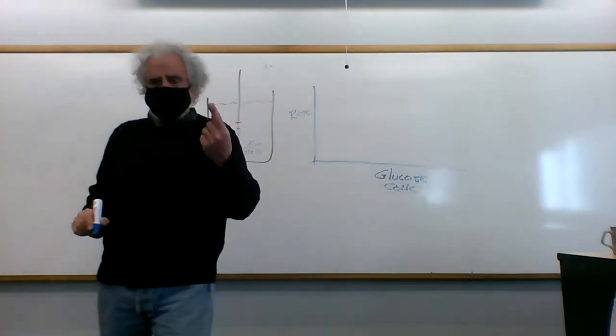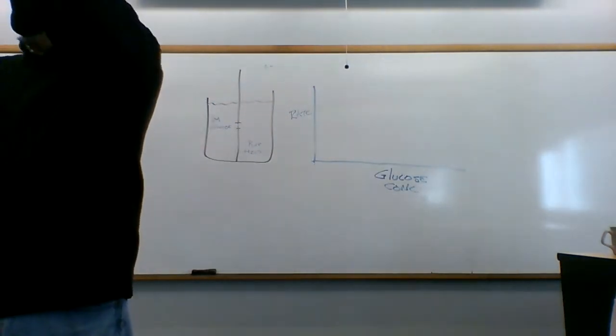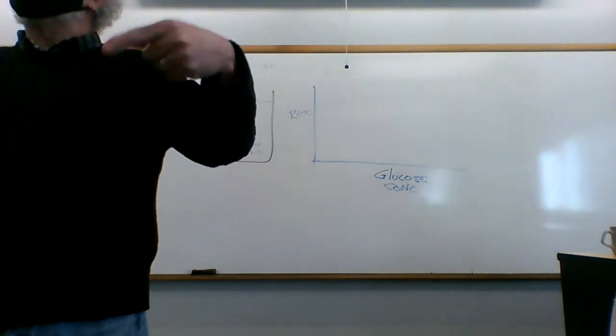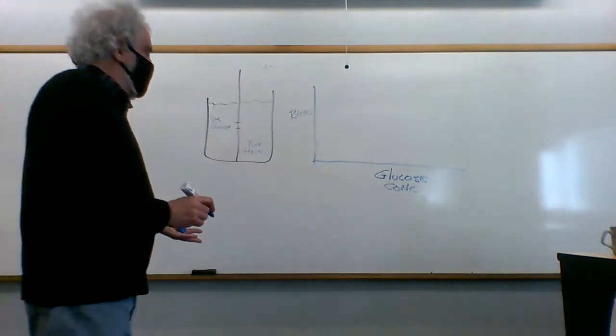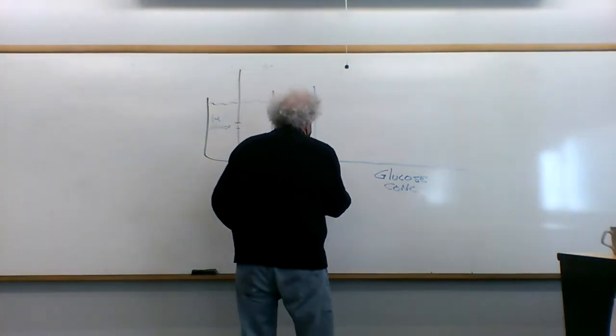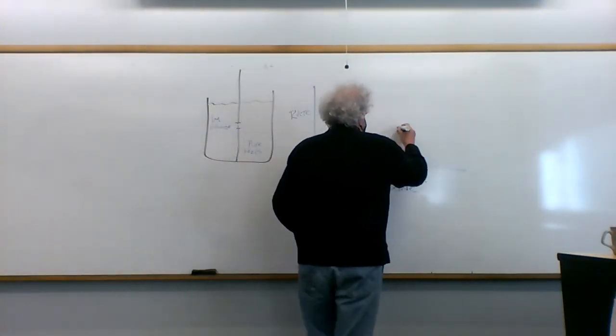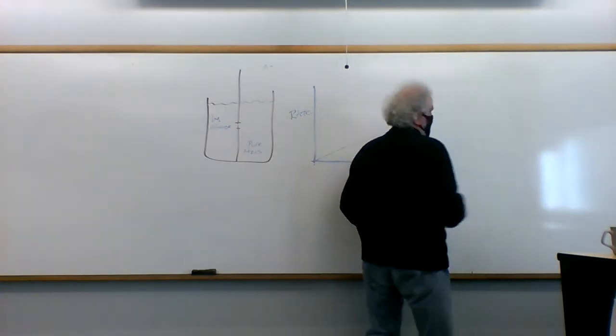So, let's just go back here. If there's no membrane at all, just the hole, as you increase the glucose concentration on one side, the rate goes faster. And so what you see is, with no membrane at all, you see a pretty steady rate increase, no big deal.